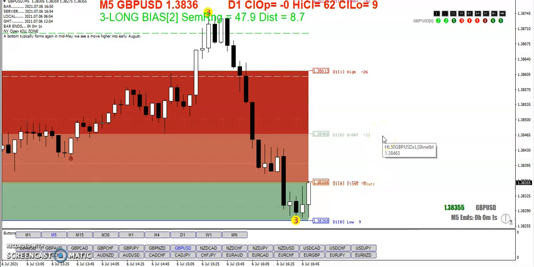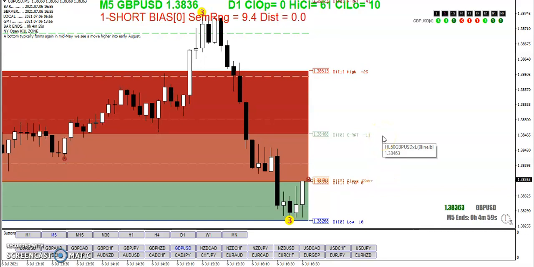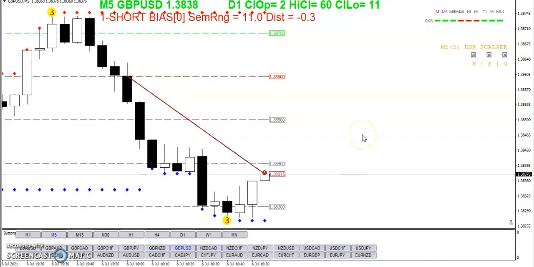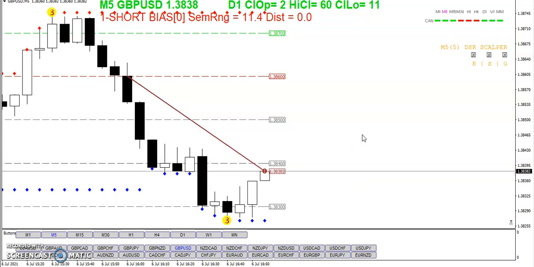So, the main topic really is bread and butter trades. So, how do I pick this? Why would I do this DSR trade that I talk about as a bread and butter trade? It's because price has to do something.